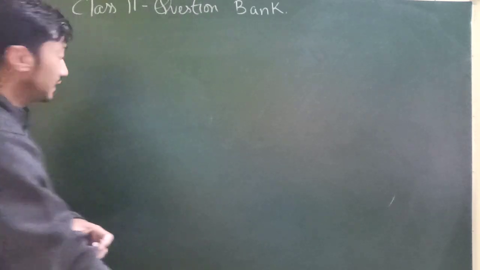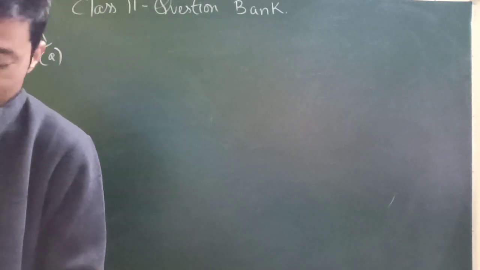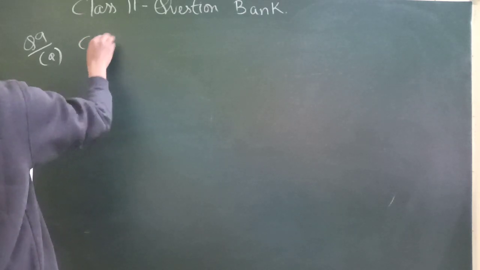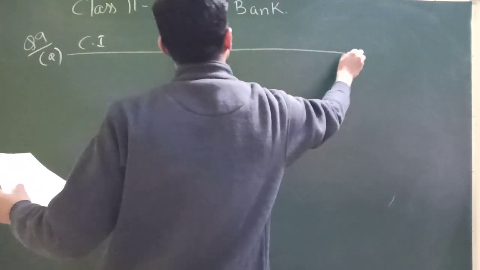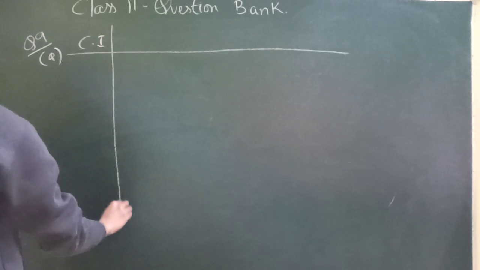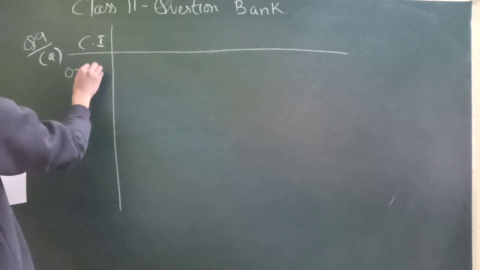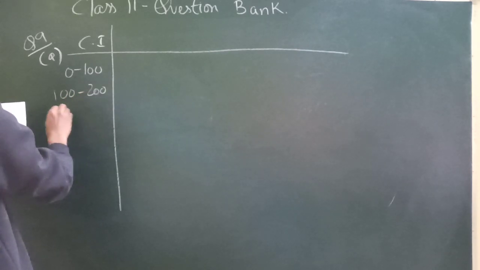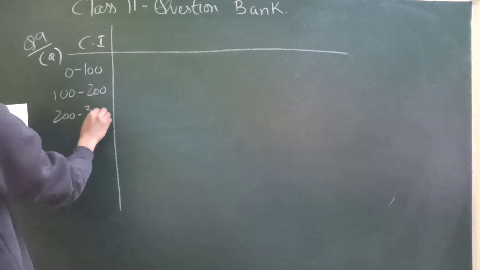First question, part A, that's about finding out the mean deviation. So, class interval. We'll have to prepare a table for that. So let's say class interval, that's 0 to 100, 100 to and so on. Don't miss out these questions, okay? These are very simple questions.